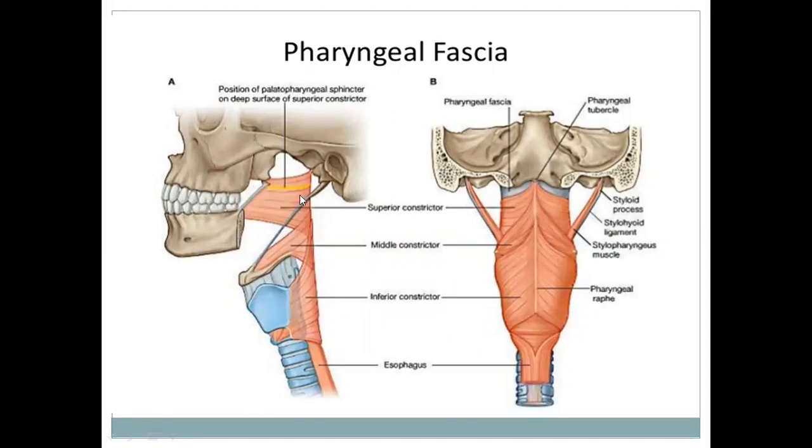It actually merges with the pharyngeal raphe in between, where all muscles get absorbed or merged with each other and form a raphe. And this raphe also starts from the pharyngeal tubercle and runs lower down. So the superior constrictor, which arises from the medial pterygoid plate, the pterygoid hamulus, the pterygomandibular raphe and the mylohyoid line, inserts into the pharyngeal raphe.